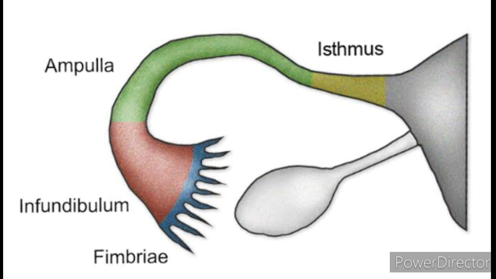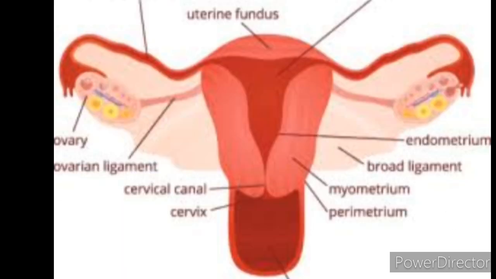Now coming to the uterus. The uterus is otherwise called the womb. It is a single, hollow, muscular, pear-shaped structure supported by ligaments attached to the pelvic wall. It is present between the urinary bladder and the rectum.